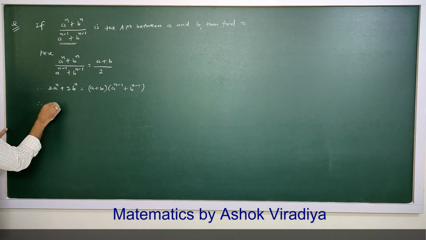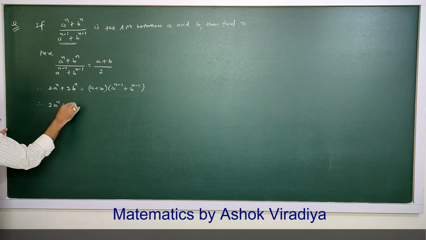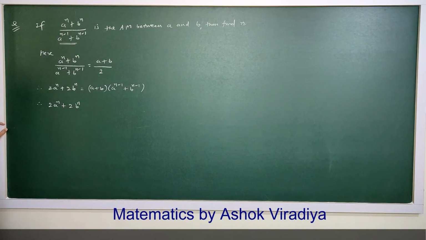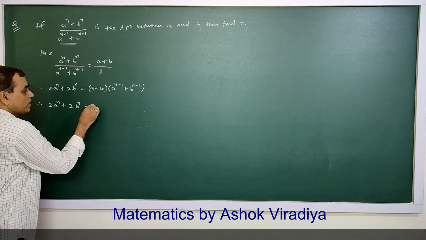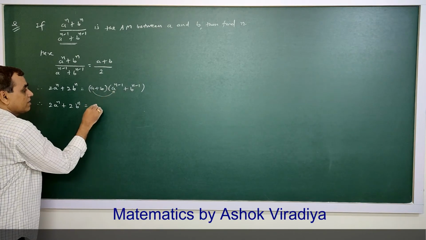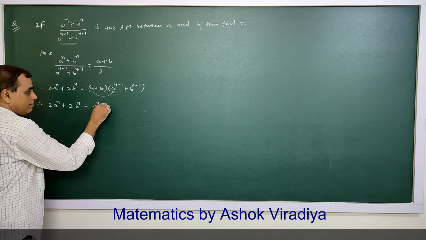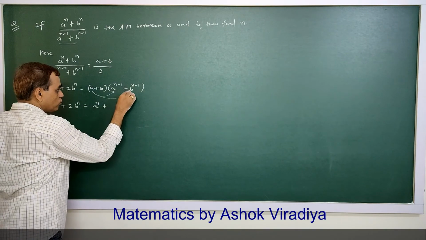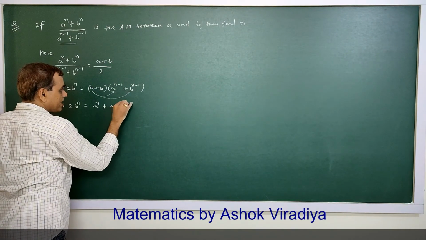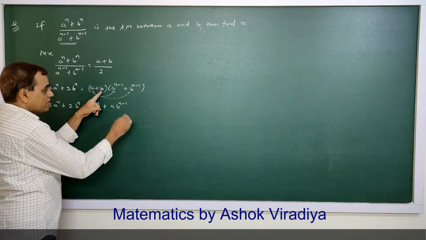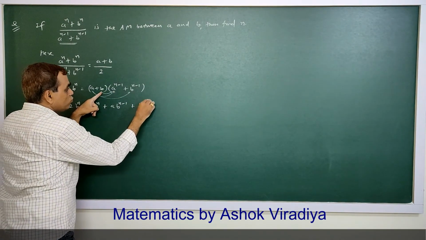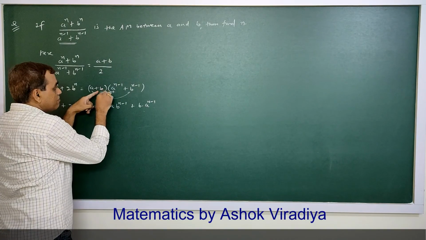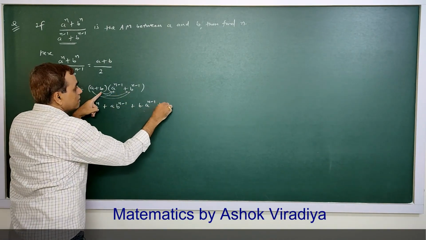Therefore, 2 times a raised to n plus 2 times b raised to n equal to a into a raised to n minus 1, multiplying this number with this number, it is a raised to n, plus a into b raised to n minus 1, plus now the turn of b into this number, b into a raised to n minus 1, and b into this number is b raised to n.